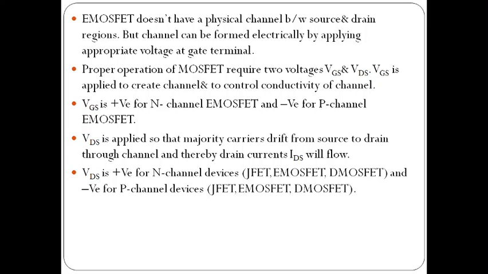To get the proper operation of the MOSFET, again we need to apply two types of voltage: one is VGS, another is VDS. VGS is applied to create the channel between the drain and source. In enhancement MOSFET we don't have any channel between the source and drain, so VGS is very important.